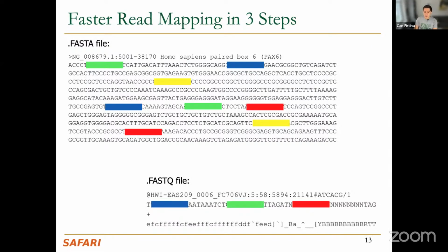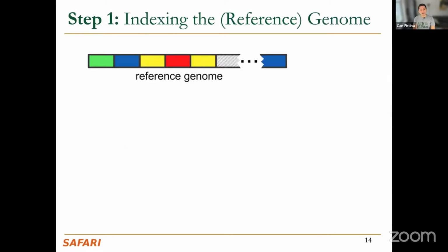And we want to quickly identify whether they exist in the reference genome or not. And if they exist, maybe we can go further and do more complex operations rather than checking every character for every position in the reference genome. Perhaps this could provide a more practical solution. And this is what we're going to explain in 3 steps.